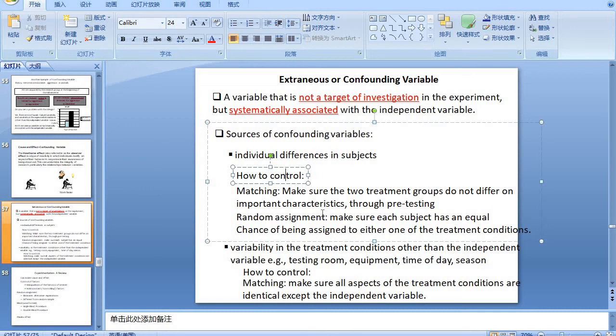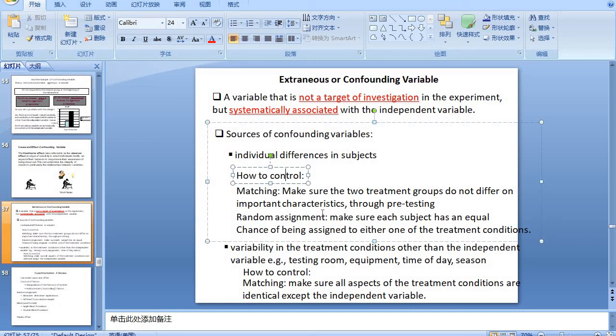Another source of a confounding variable is the treatment conditions. The treatment conditions differ from each other in more than the independent variable. In the rats example, rats' injection of testosterone and aggression. Suppose you have a male researcher running the testosterone group condition, but a female researcher running the saltwater injection condition.